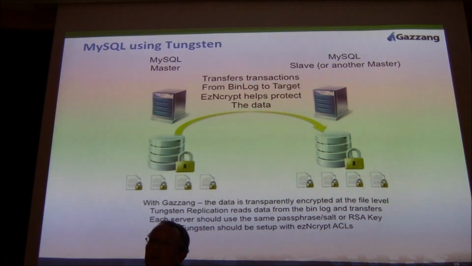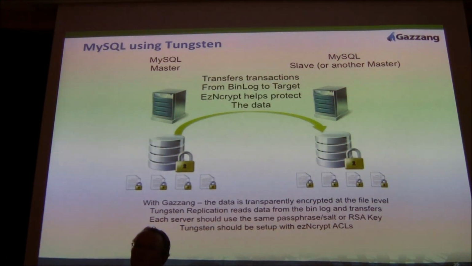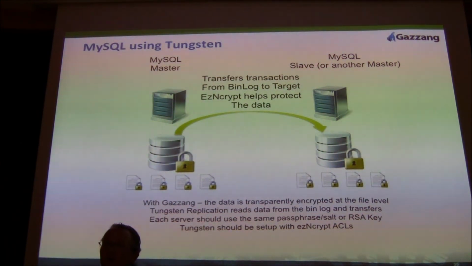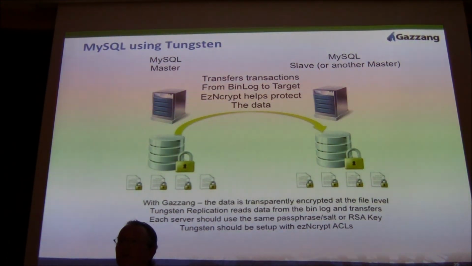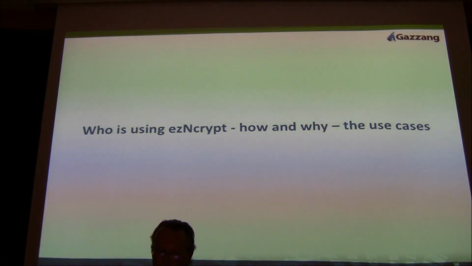If you were using something like Tungsten or some other tool, they work a little bit differently. These are cases where these things are reading the bin log files, not through the MySQL replication protocol. So it could be the case where all that data is encrypted, those bin log files are encrypted. You would just create a rule for that Tungsten Java process to be able to read those files and then be able to read and write them on the other side. So you mirror the thing up.